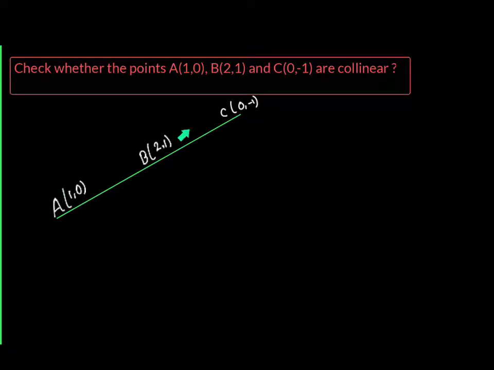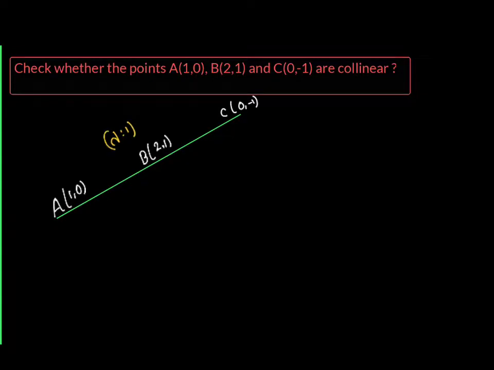I assume all these points to be collinear. If the points are not collinear, then there will be no ratio. So the join of point A and point C is divided by the point B, and for calculation purposes, let this ratio be lambda:1.